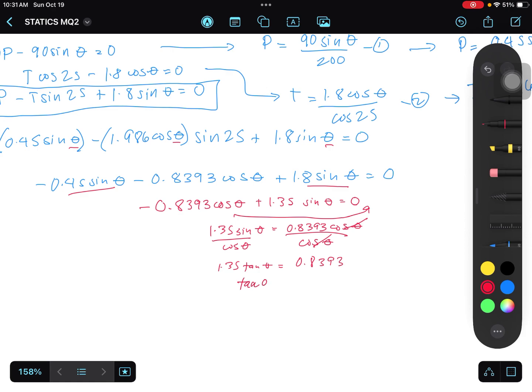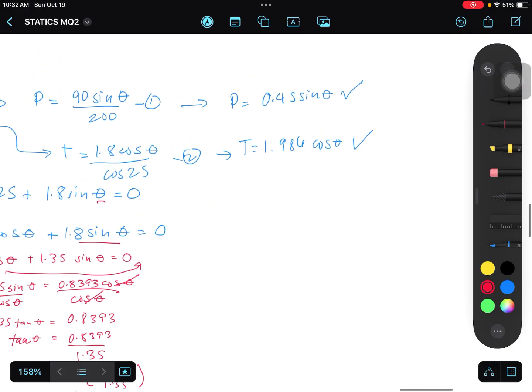And then isolate natin si tangent theta, and then arctangent natin to. Theta is equal to 31.869 degrees.